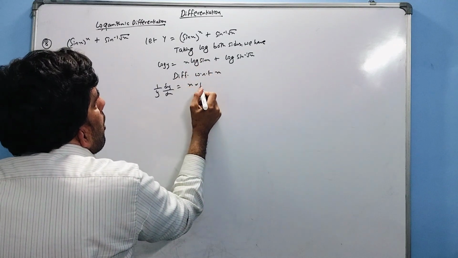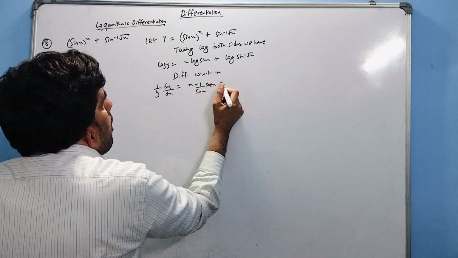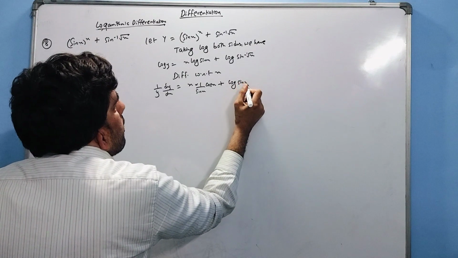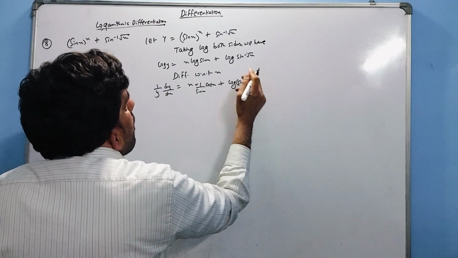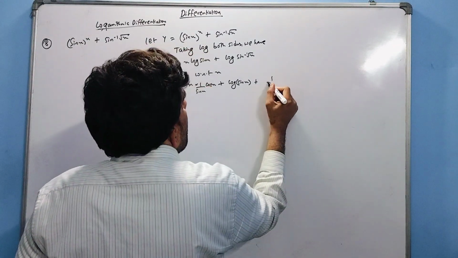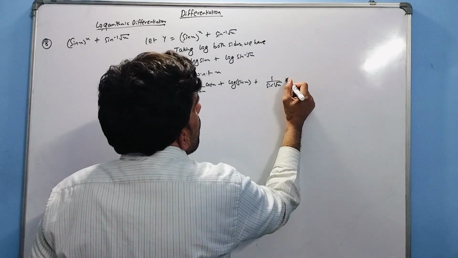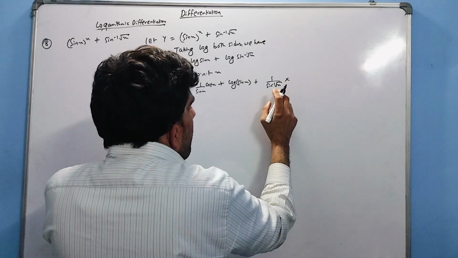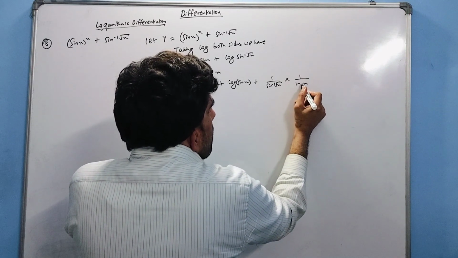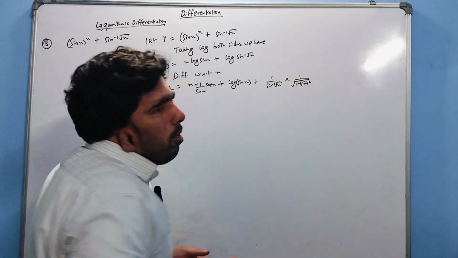differentiate this: x into differentiation of log x, which is 1 upon x, into differentiation of sin x, which is cos x, plus differentiation of x, which is 1, into log of sin x, plus differentiate this: differentiation of log x will be 1 upon x, and we have differentiation of sin inverse root x, which will be 1 upon under root of 1 minus x square.